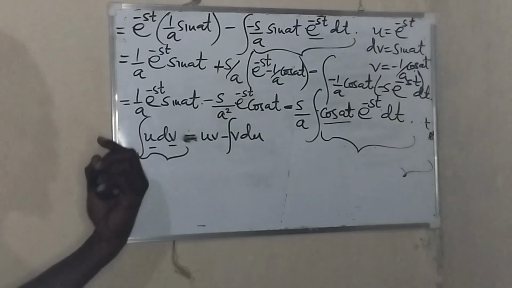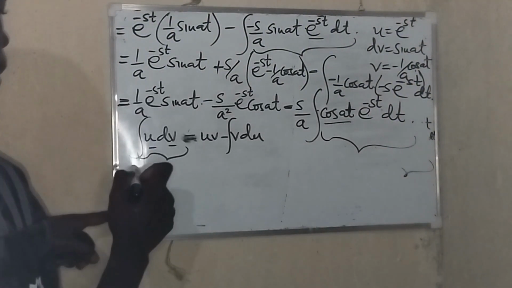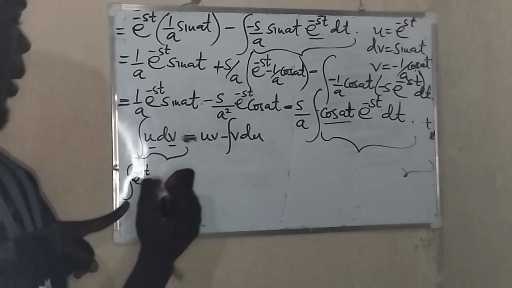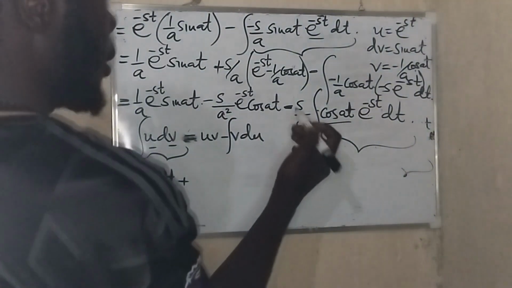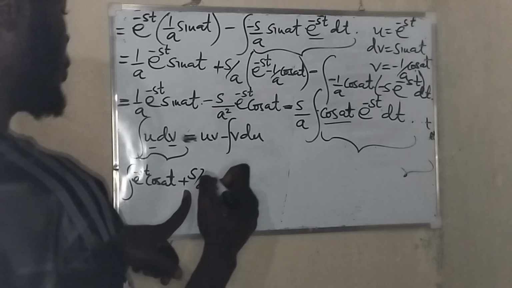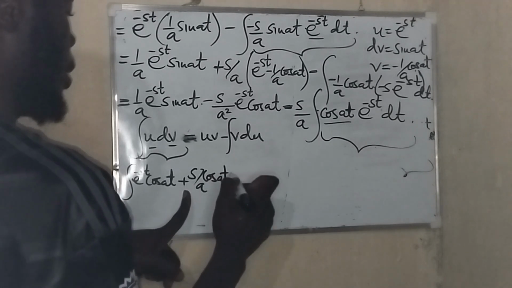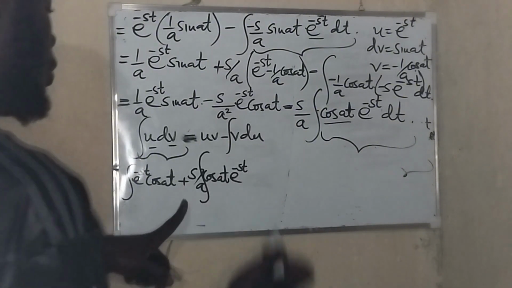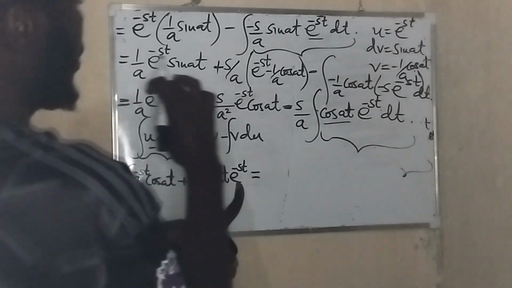If you collect it to the other side of the equal sign, you shall have the integral of exponential negative st cos at, plus s over a times the same integral, is equal to this other part.